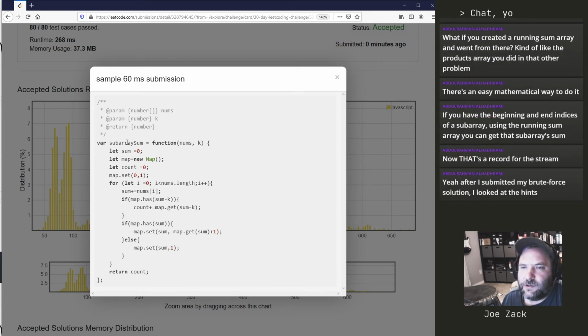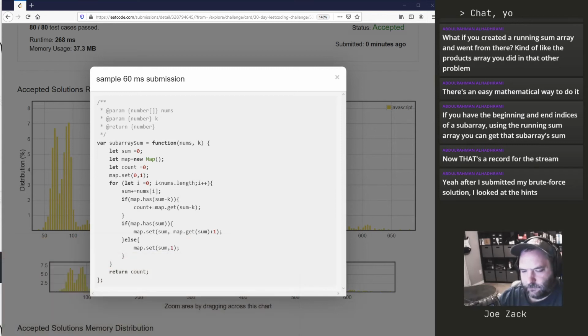I'm still trying to figure out exactly what that means. So we do a running sum. Okay. And if the map has my sum minus the K, I'm going to have to look at this.